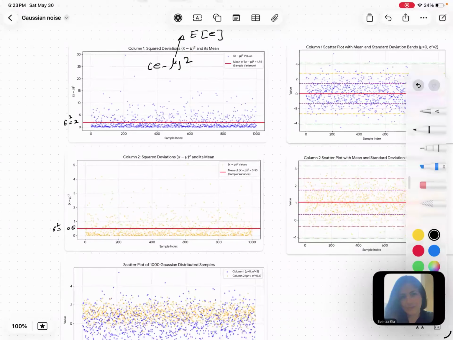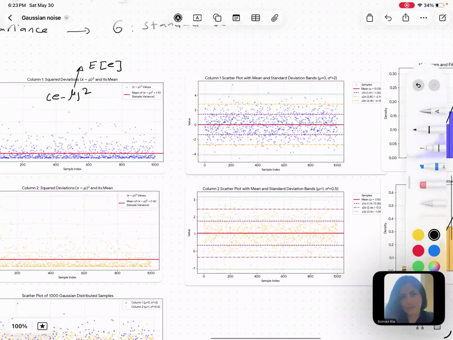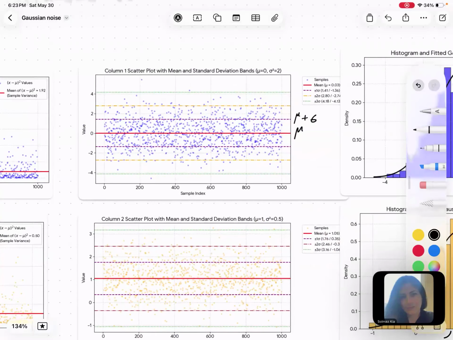Now, once we have these 2 values, we can go back to our scatter plot, and now you can add this information to the plots that you have. So the middle line that you're going to see is the mean, and this one is going to be mu plus sigma. And in case of the Gaussian noise, we are also interested in mu plus 2 sigma and mu plus 3 sigma.